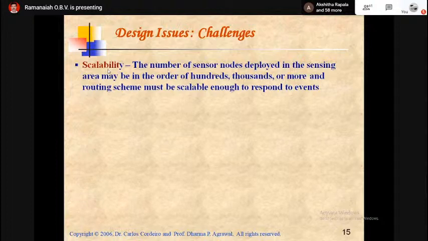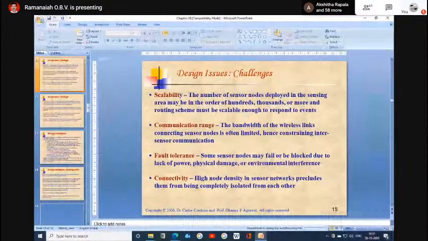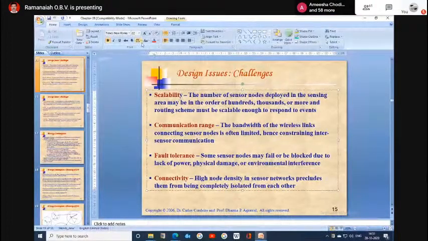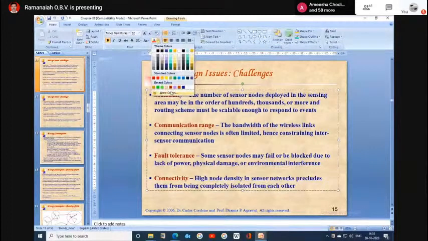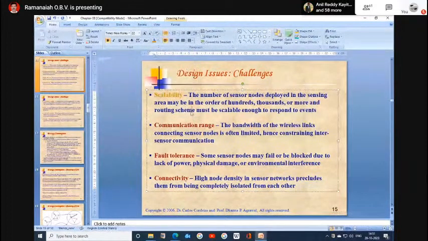Scalability, I need not repeat, it is already mentioned. Scalability means you propose a solution for a certain number of nodes. You have proposed a routing protocol for 100 nodes. Then it is working in a fantastic manner, in a correct manner. Now, can you say the proposed protocol is scalable?